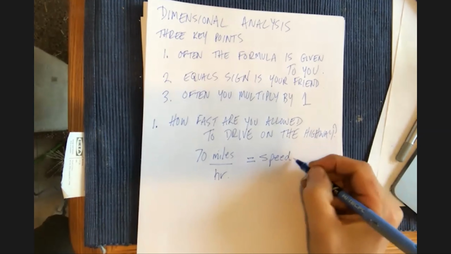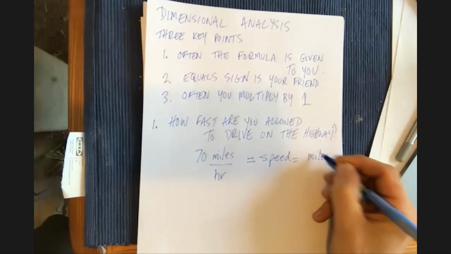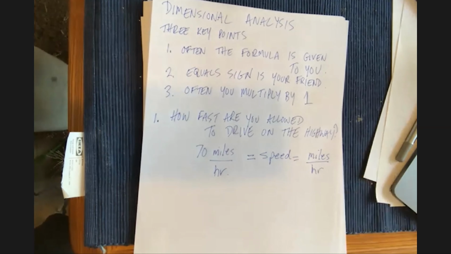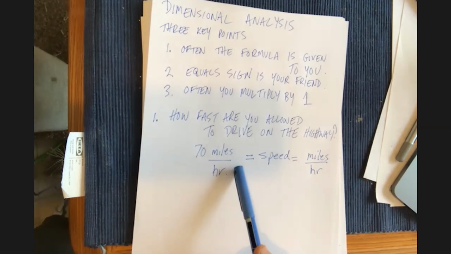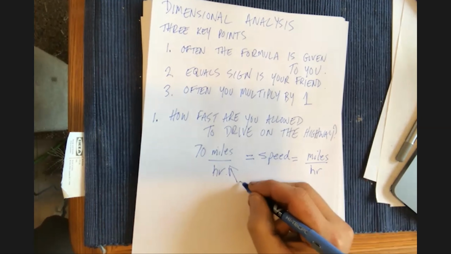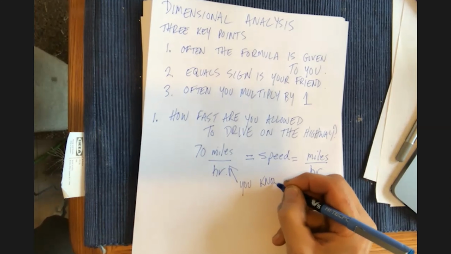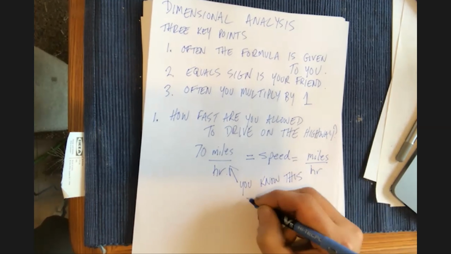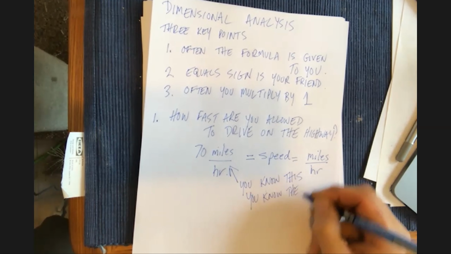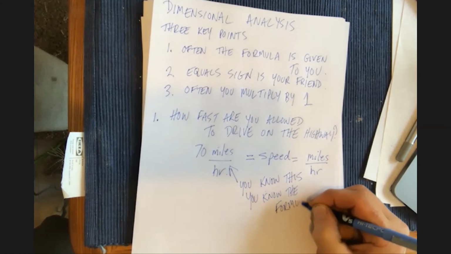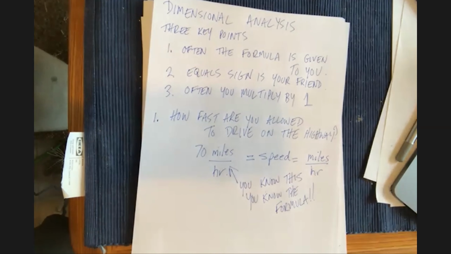Speed is miles divided by hours. So if you know a speed, the dimensions that are behind that will tell you what the formula is. That makes sense, yep. So if you know this, you know the formula. And that's good, right? You don't have to memorize the formula. You know that one.